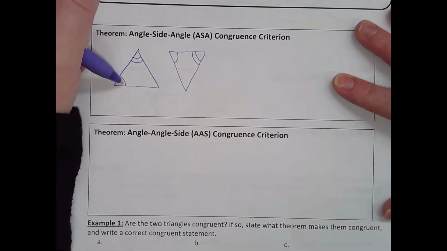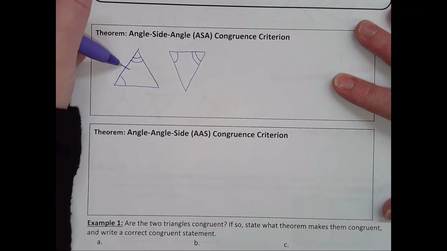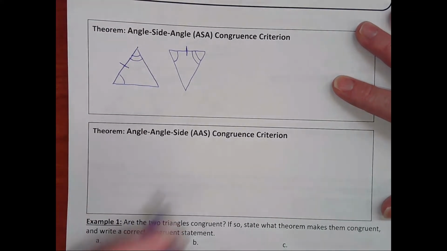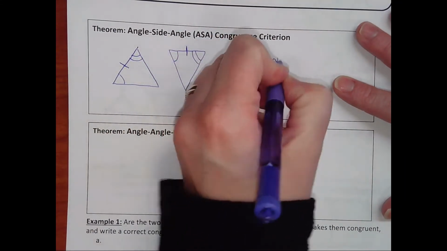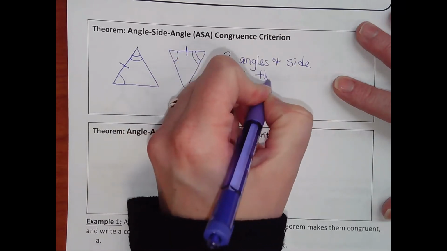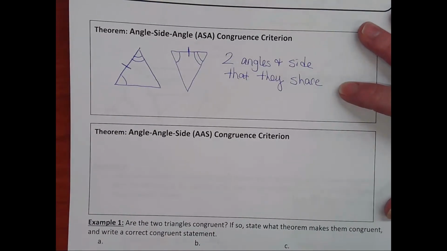So these 2 angles and the side that they share is this side. Same thing here. So that is what angle, side, angle looks like: 2 angles and the side that they share. So that's what angle, side, angle is.